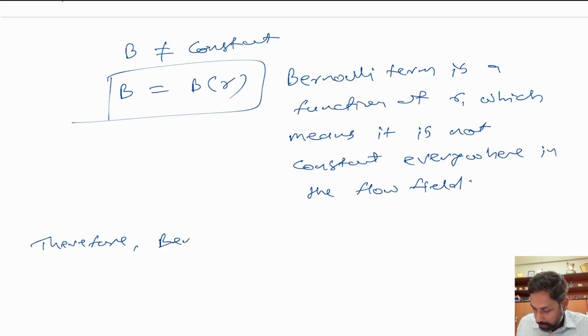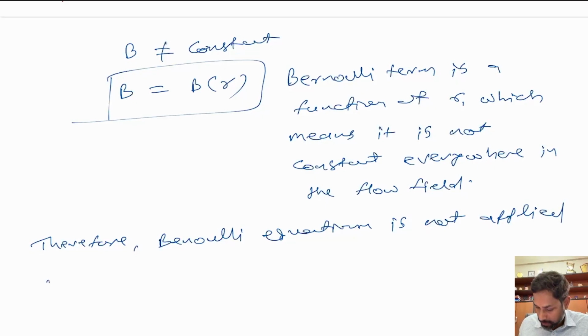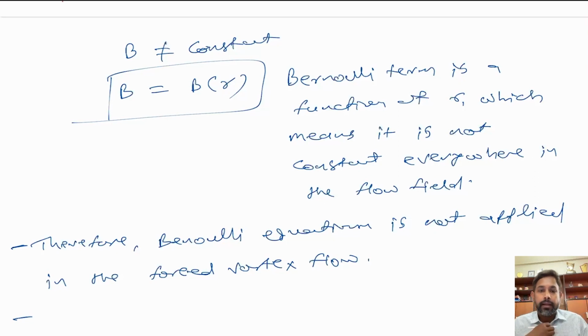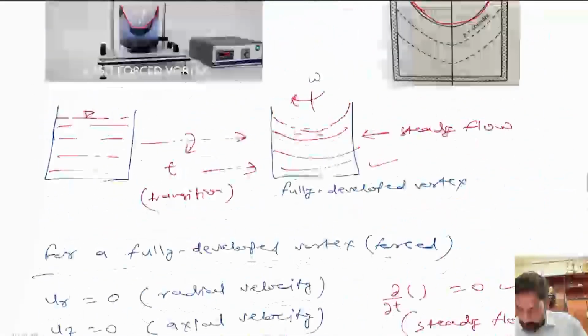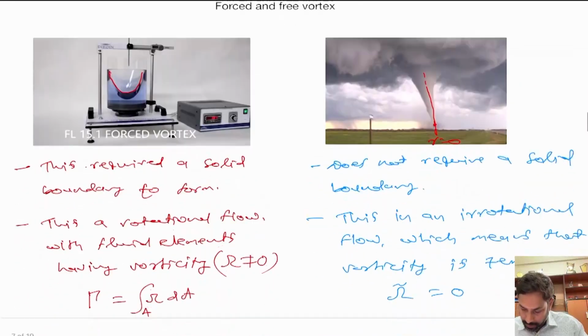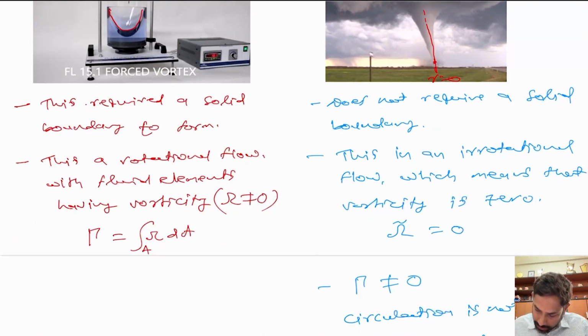All right, and that is why, therefore, the Bernoulli equation is not applied in the forced vortex flow. Okay, right? And now if you go back and remember the last lecture where we talked about the difference between a forced vortex and free vortex, we saw that the forced vortex is a rotational flow, right?